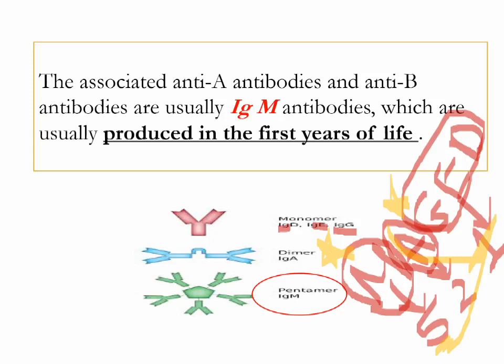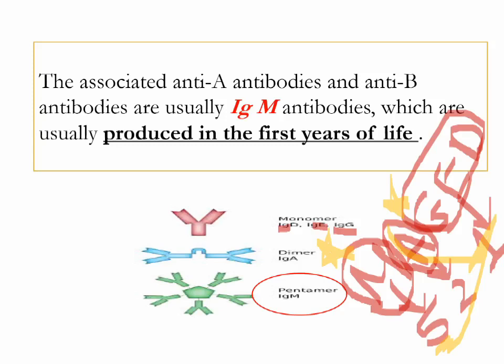As you have known from the previous sections, in order for your body to produce the anti-B, it must see and witness the B antigen, which is a foreign antigen. So here is an exceptional case. Your body is not going to wait to see or recognize the antigen B, which is foreign, in order to form the anti-B. No, your body will produce the anti-B in the first years of life without the recognition of the antigen B.